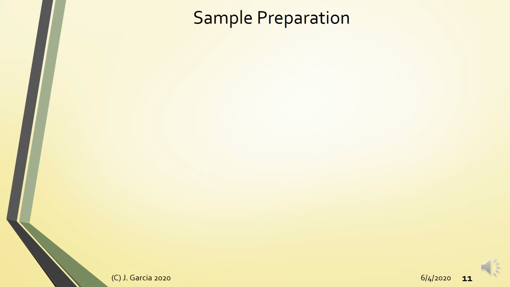For this part of the module, we're going to discuss some of the sample preparation techniques for AAS, most especially for flame AAS. For graphite furnace, you have no to minimal sample preparation.